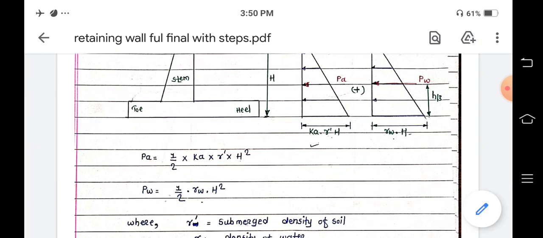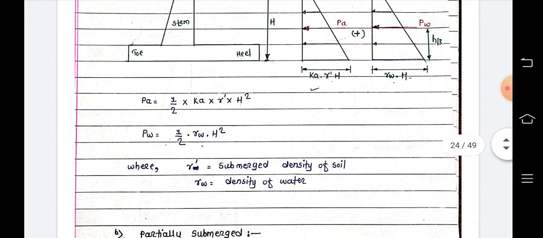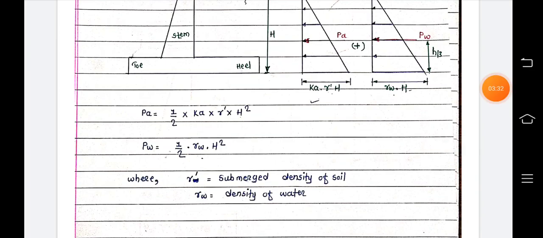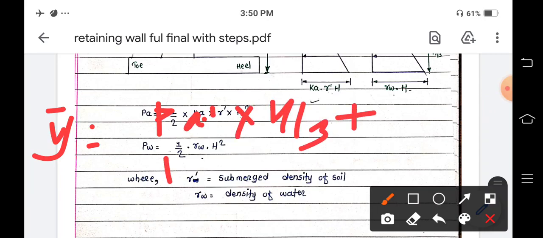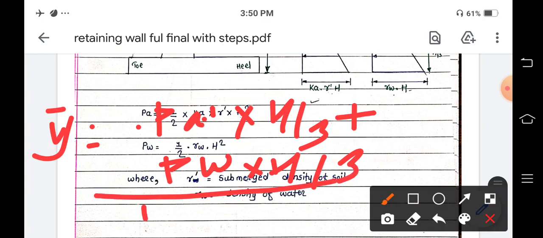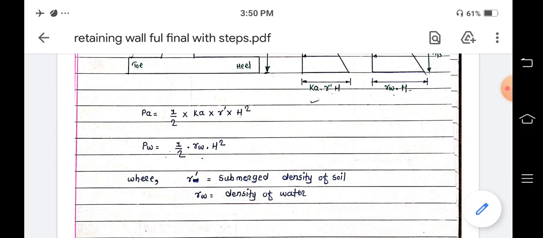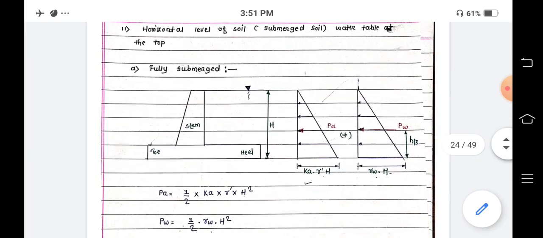Or I can directly write down the formula for y bar: Pa1 into H by 3 plus Pw into H by 3, upon Pa1 plus Pw. This is the position of the CG for this fully submerged case.